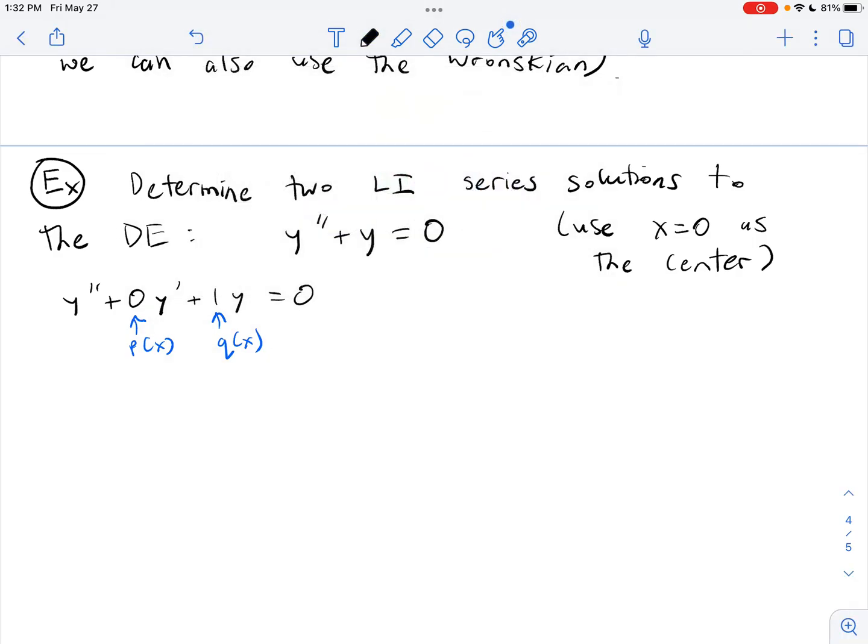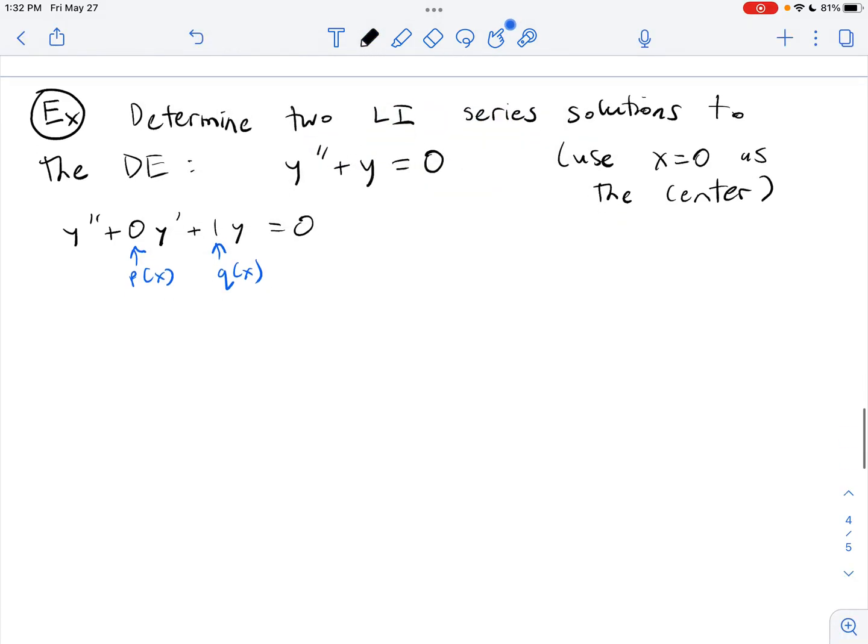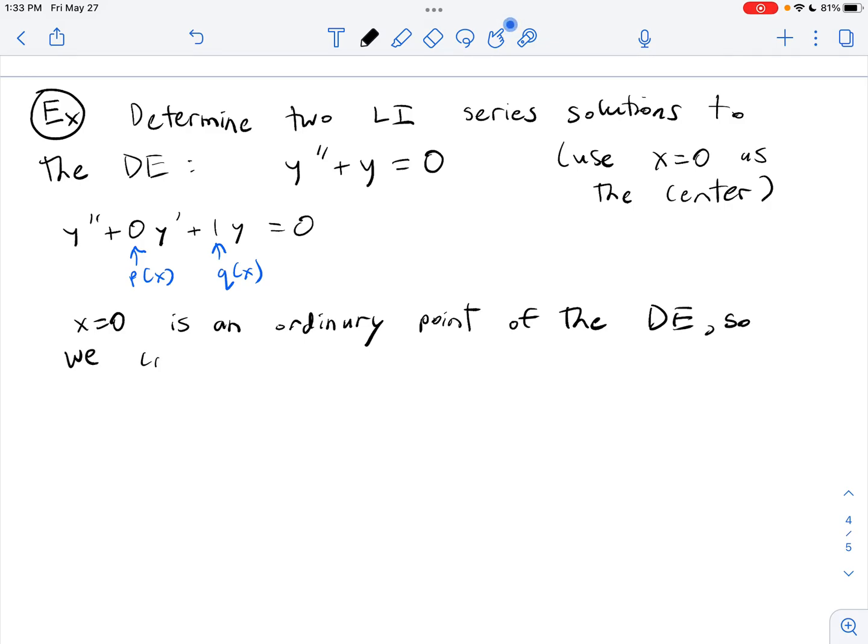And so because these are just constants, we know x equals 0 is an ordinary point, right? Because p and q are analytic everywhere. X equals 0 is an ordinary point of the DE. So we can center our series solution there.